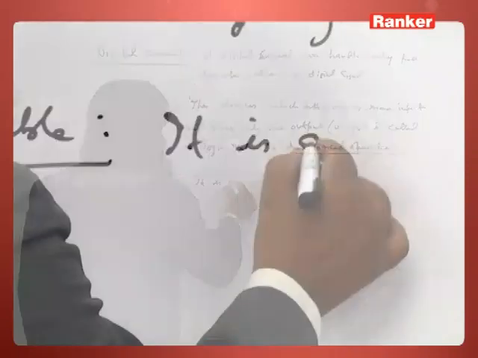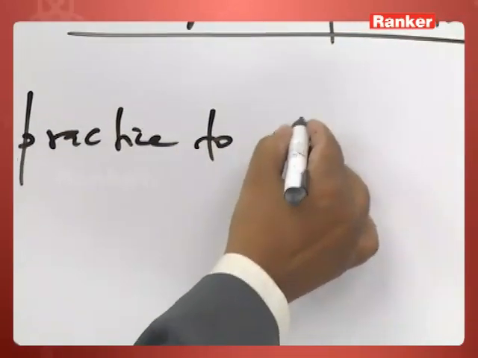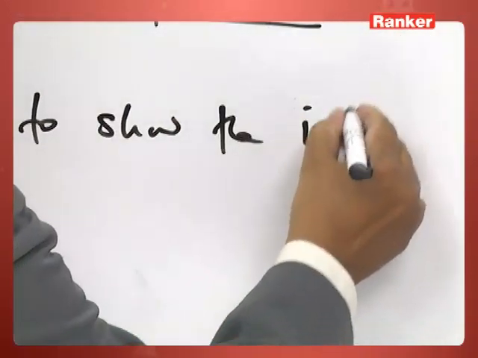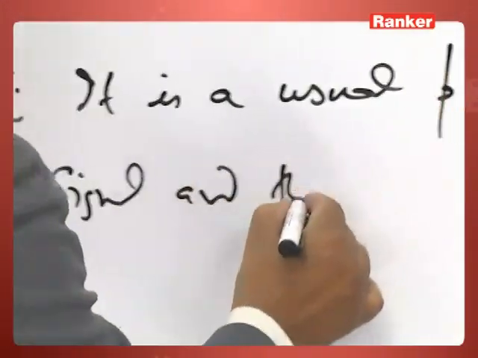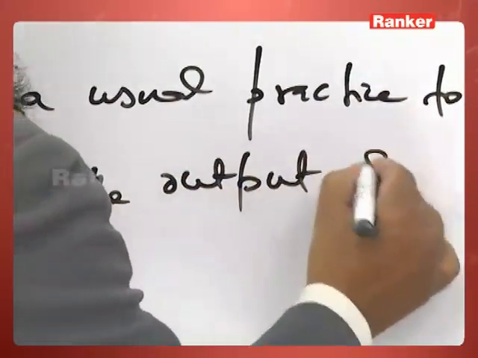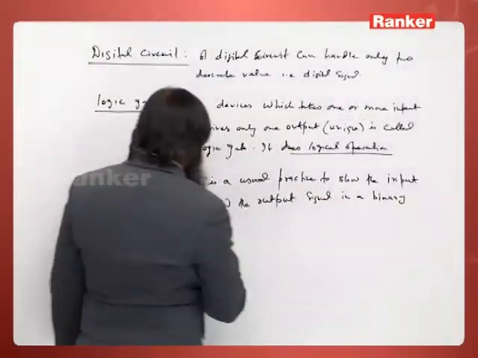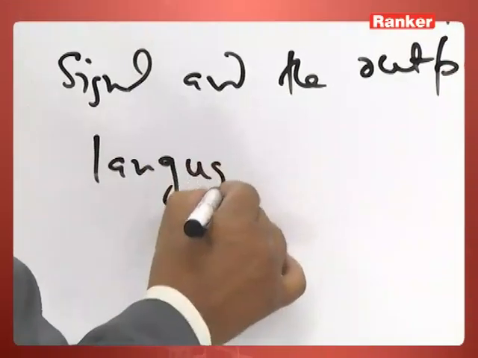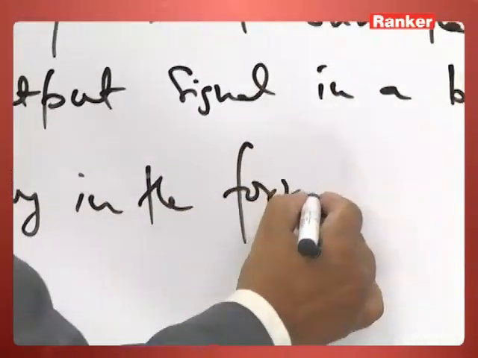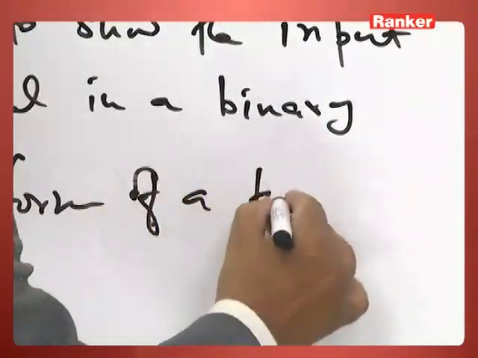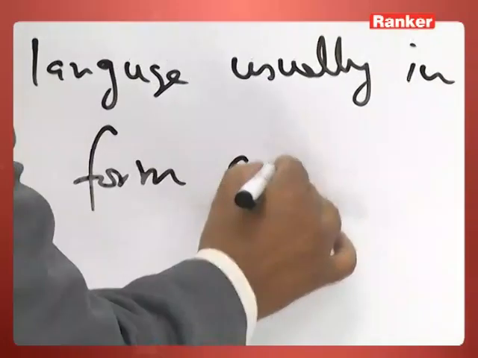It is usual practice to show the input signal and the output signal in binary language, usually in the form of a table called a truth table.